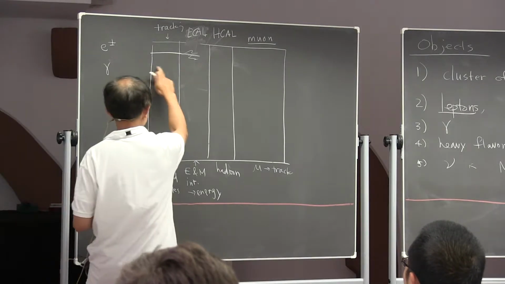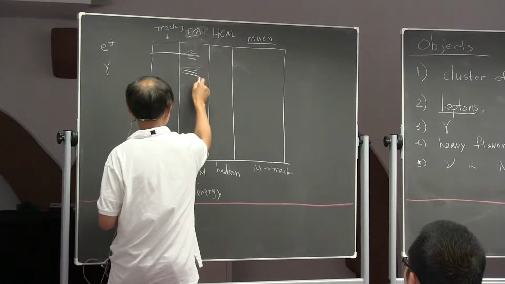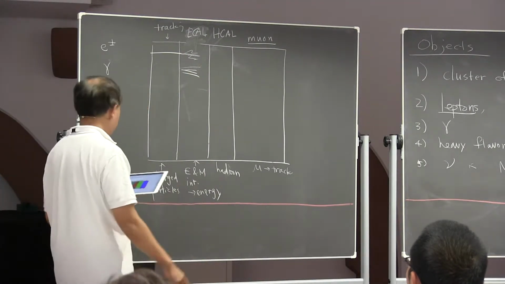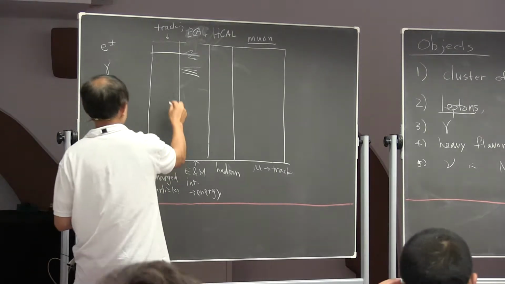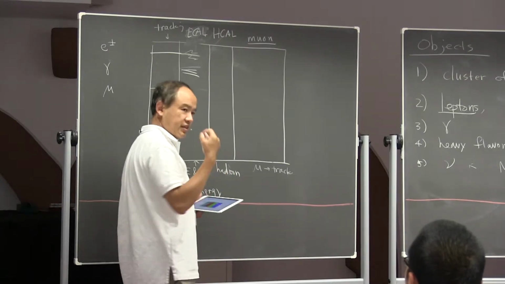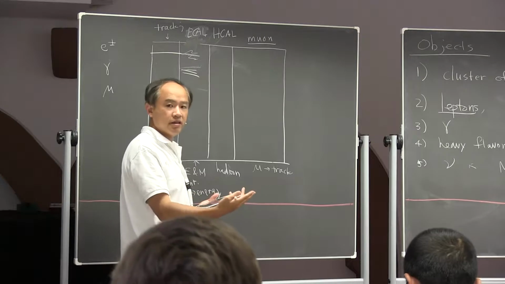You see nothing here, and you see energy deposit here. That's what the photon going through looks like. A muon is leaving a track here, and because it's heavy, it does not deposit that much energy in the ECAL.